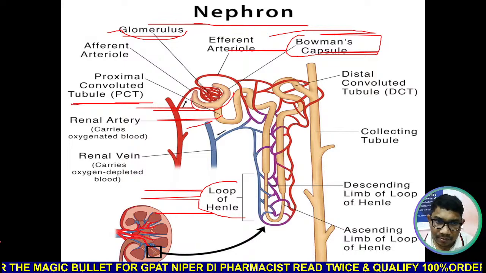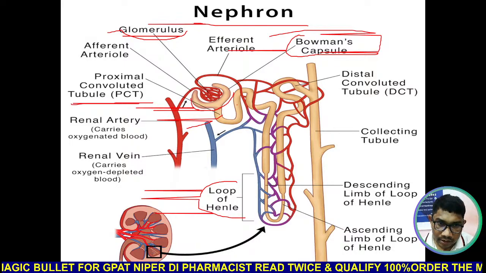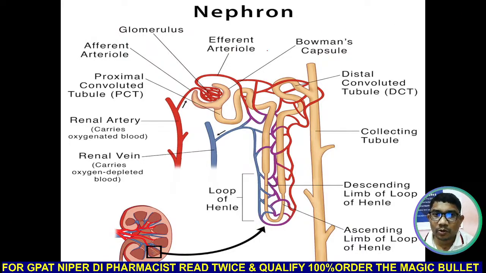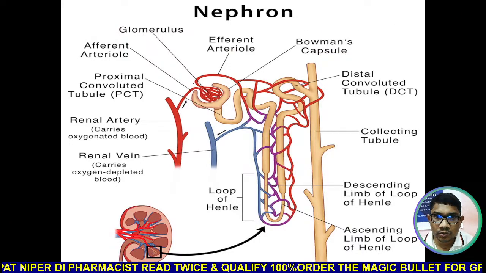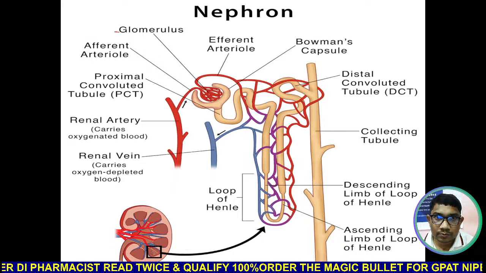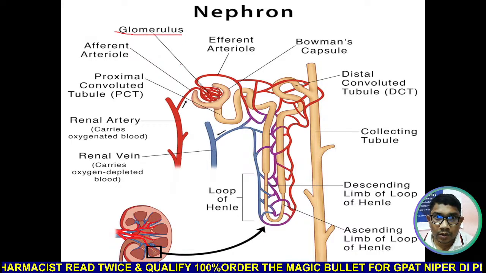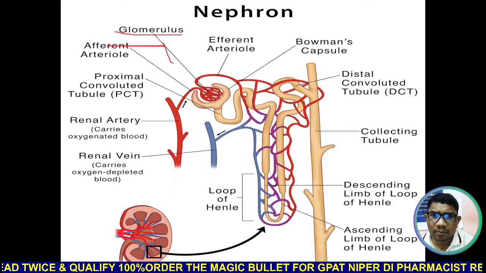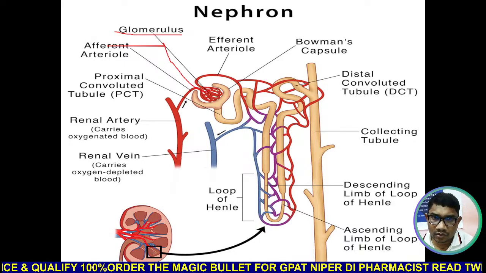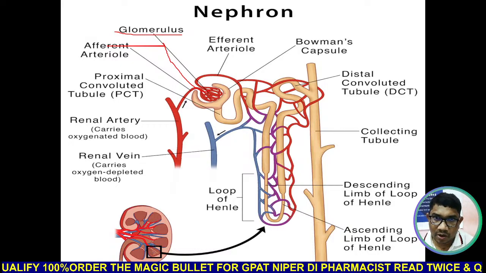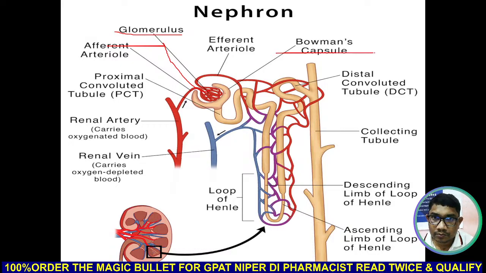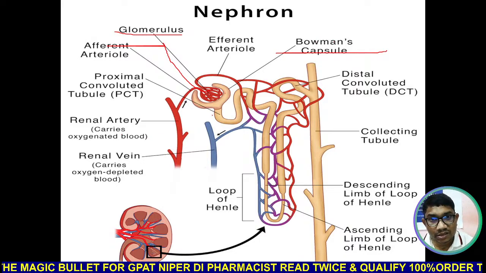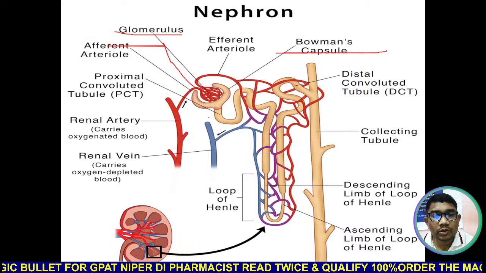Fourth part, यहाँ पे और एक बार मैं बताता हूँ आपको. So parts of nephron, first part is known as a glomerulus. Glomerulus क्या है, it is a network of blood capillaries in the nephron. This part is known as a Bowman's capsule. Bowman's capsule is a part of nephron in which there is a network of your blood vessels.